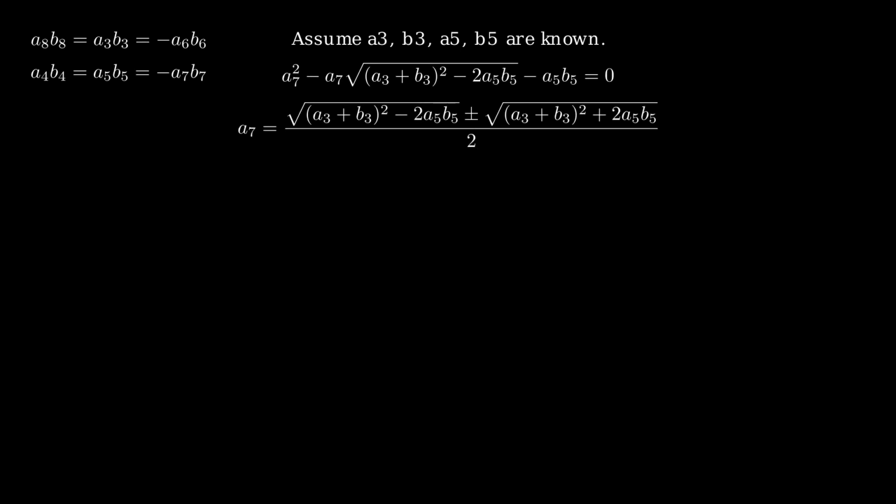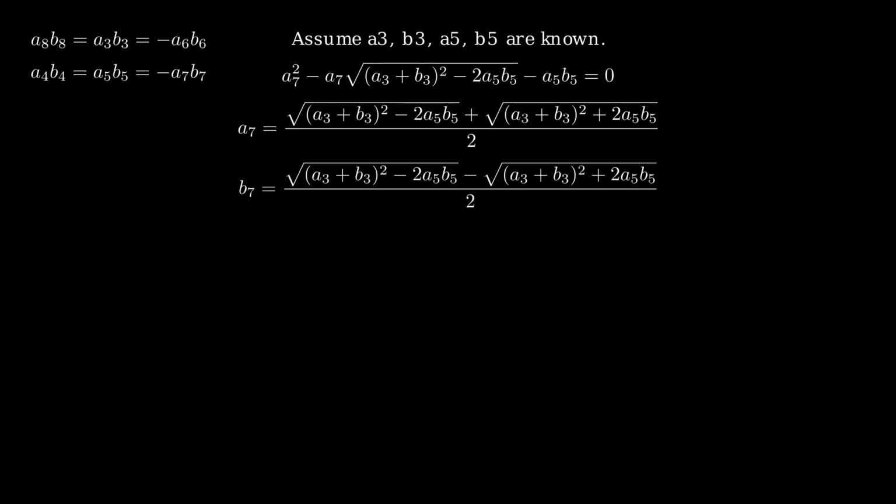You can do the same process where you multiply by b7 for all the terms, but actually what you end up with is basically the same equation. This means that that equation on the right, with the plus or minus, can be split up into the 2 solutions for a7b7. It's a fairly straightforward process to get all the other a and b values in terms of variables we already know.